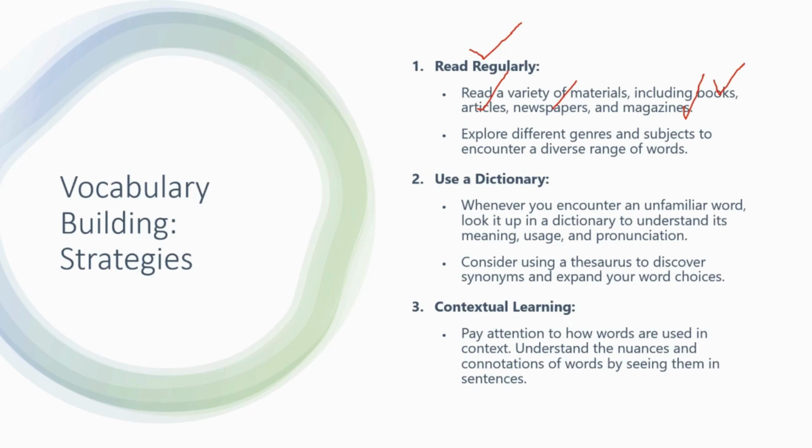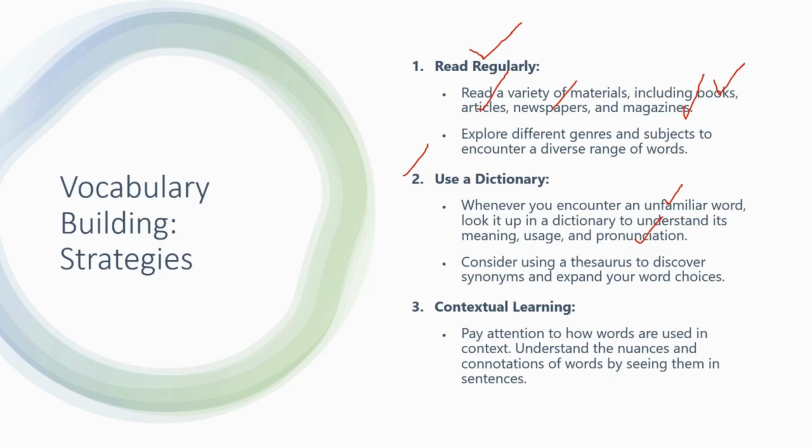The second important factor is using a dictionary. Whenever you encounter an unfamiliar word, look it up in the dictionary to understand its meaning, usage, and pronunciation. When you find a difficult word, there are two basic ways of learning language or meanings.